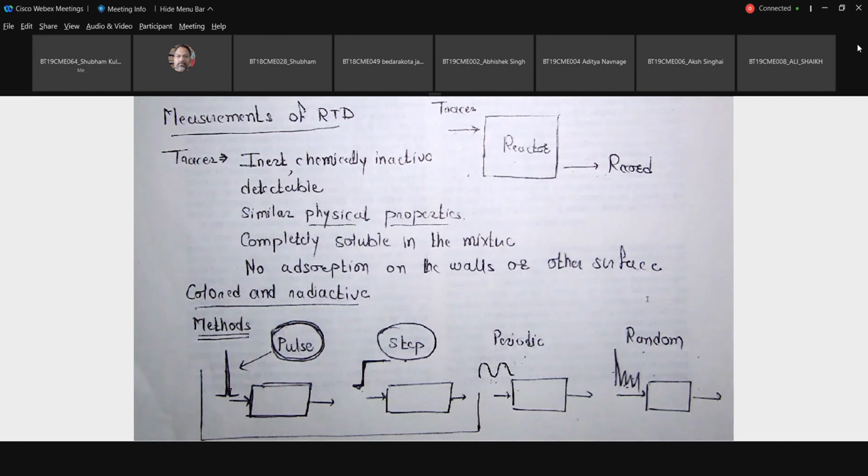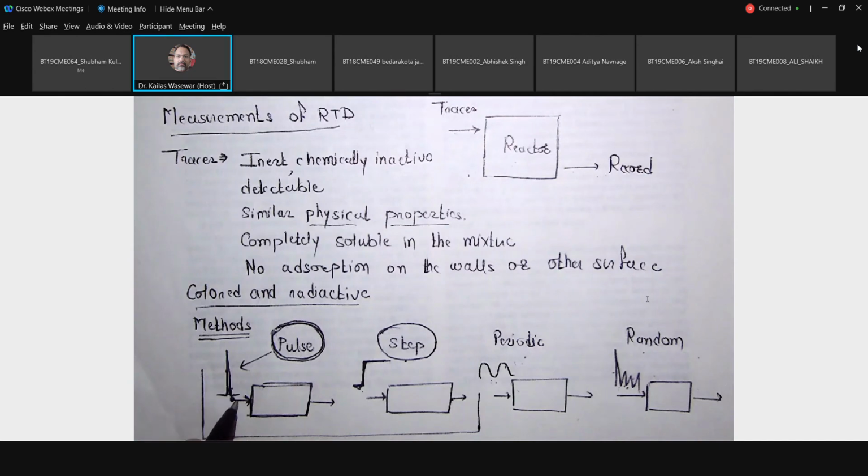And this tracer, generally, is not a solid, generally it is a liquid. Even if it is a solid, we dissolve it in water or a little of the reaction mixture and then place it, because if you directly put the solid in, we don't know how much time it will take to dissolve in the liquid.